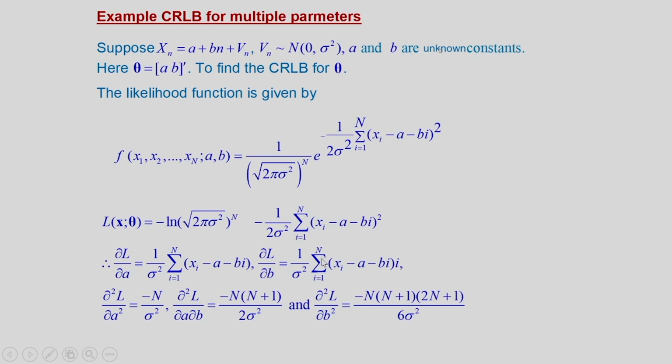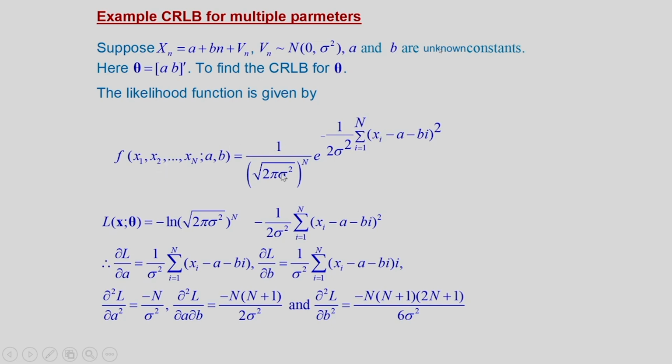Because these v_i's are independent, we can write the joint PDF, that is the likelihood function, as 1 over the square root of 2 pi sigma squared, to the power n, times e to the power minus 1 by 2 sigma squared times the summation of (x_i minus A minus B i) whole squared, i going from 1 to n.